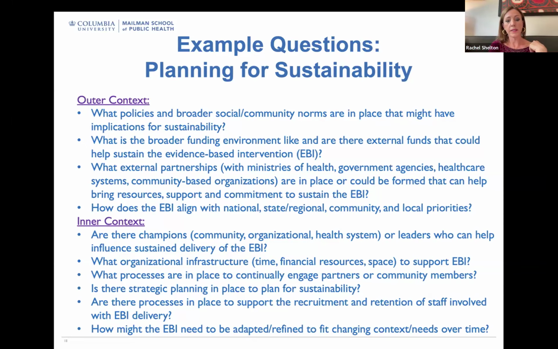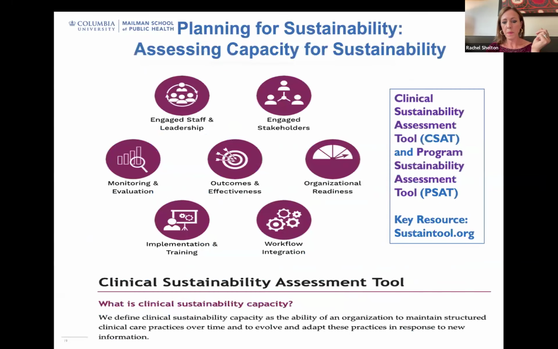Are there external funds to continue sustaining the program? What partnerships are in place, and how might those resources help support sustainability? How does the intervention align with existing state, local, and national priorities? So again, at each level, use this internally on a team or with partners to understand and plan for some of these issues.